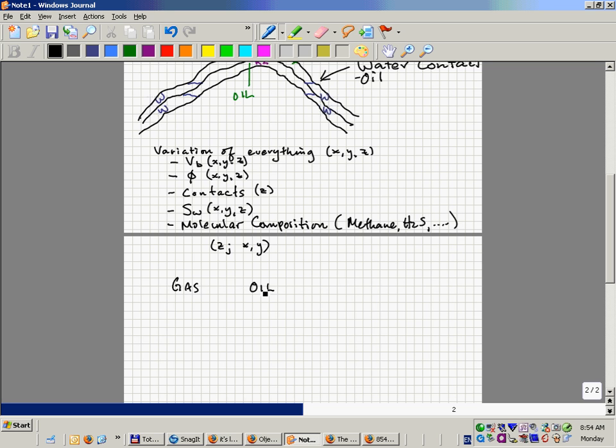There are two kinds of gas, in a way. Okay? There's the gas down in the reservoir, the top of reservoir 1. We call that gas. We have oil at the bottom of reservoir 1 and throughout reservoir 2. Those are called reservoir gas and reservoir oil.